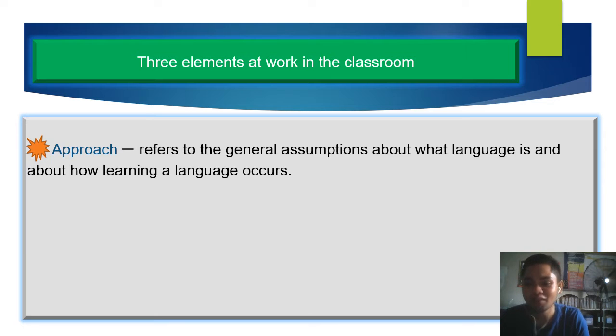Examples of approach are integrated approach, behaviorist approach, constructivist approach, and so on and so forth. Actually, the constructivist approach is what we currently use, but there are still many others. As I said earlier, we will dip into what the constructivist approach is as we go through.